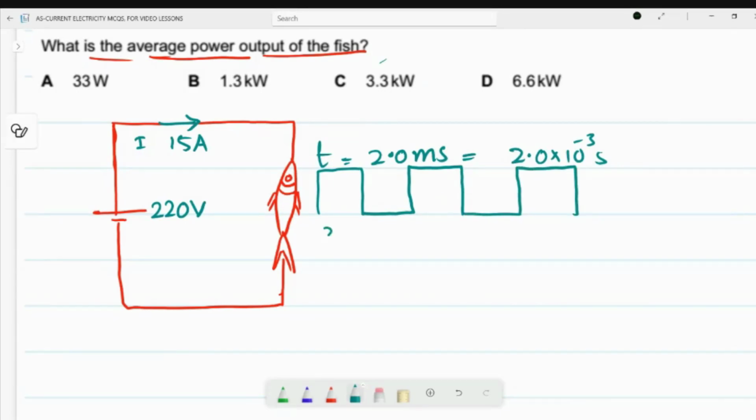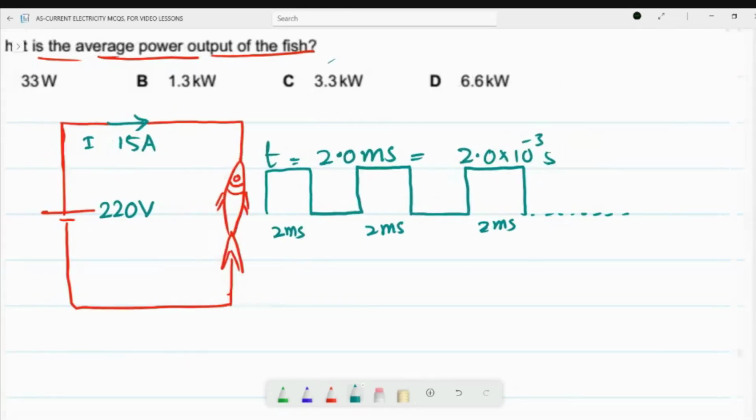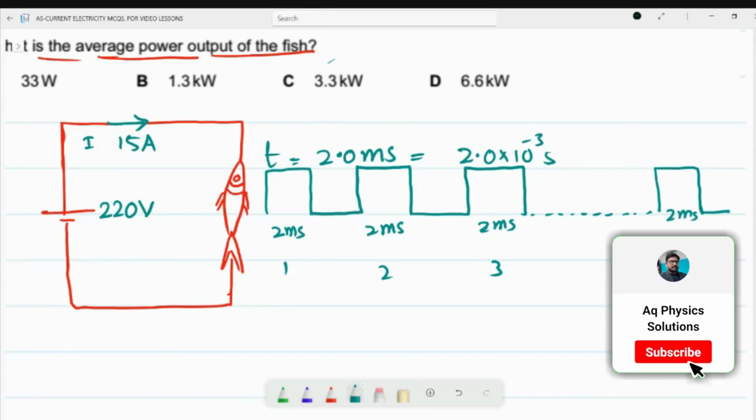So each pulse is produced for 2 milliseconds. In this way, it would produce 200 pulses in 1 second. This is pulse number 1, pulse number 2, pulse number 3, and it is the 200th pulse.